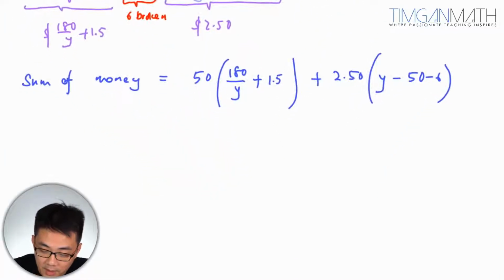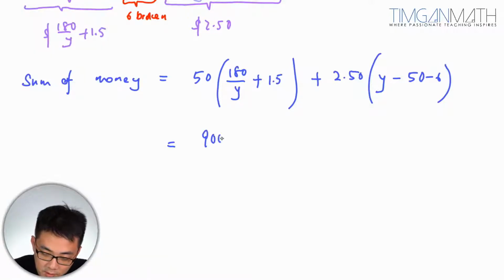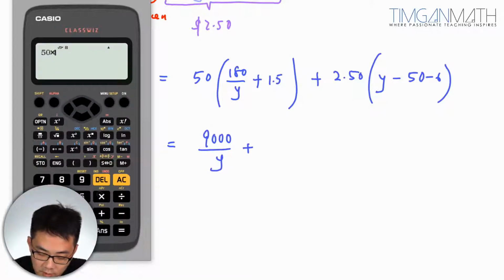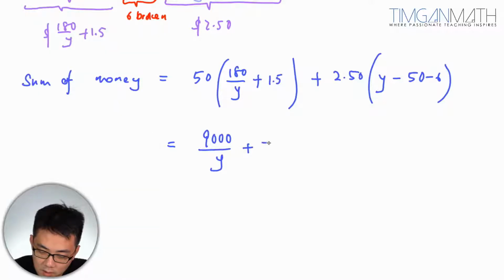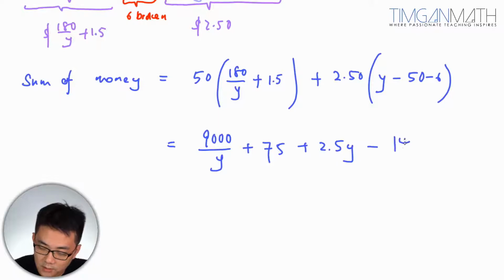So for the sum of money, we're just going to multiply and put into our calculator. 50 times 180 will be 9,000 over Y, plus 50 times 150, which is 75, plus 2.5 Y. This is minus 56 times 250, which will be 140.